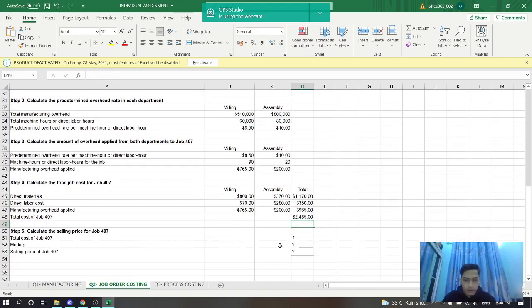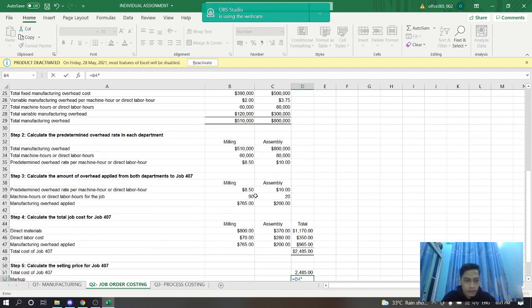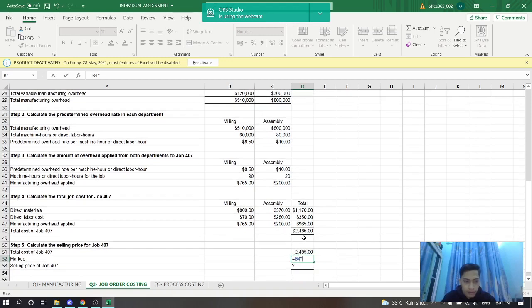Okay, next total cost of job. Markup is 75%, multiply with total cost of job, and then selling price of job is the sum of these two.